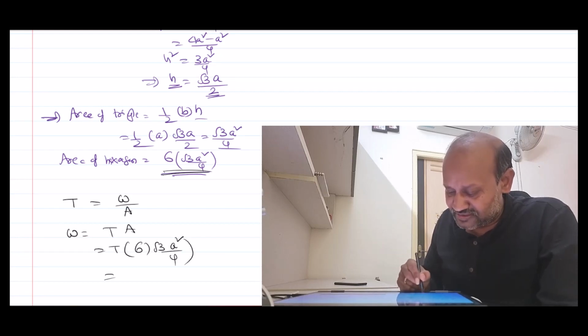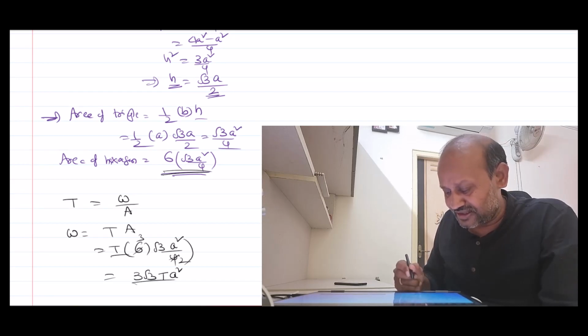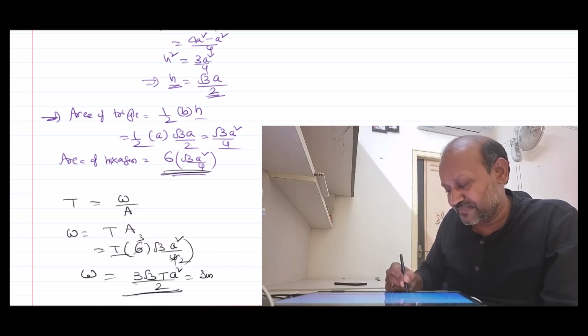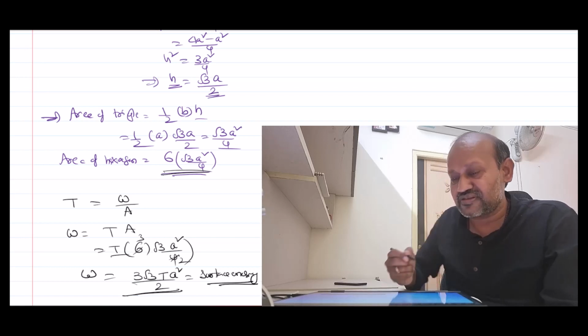I can cancel the 3s and the 2s, so it is 3 root 3 T A square by 2, where A is the side of the hexagon. That is the answer for the work done, and that work is stored as surface energy on the surface of that liquid.